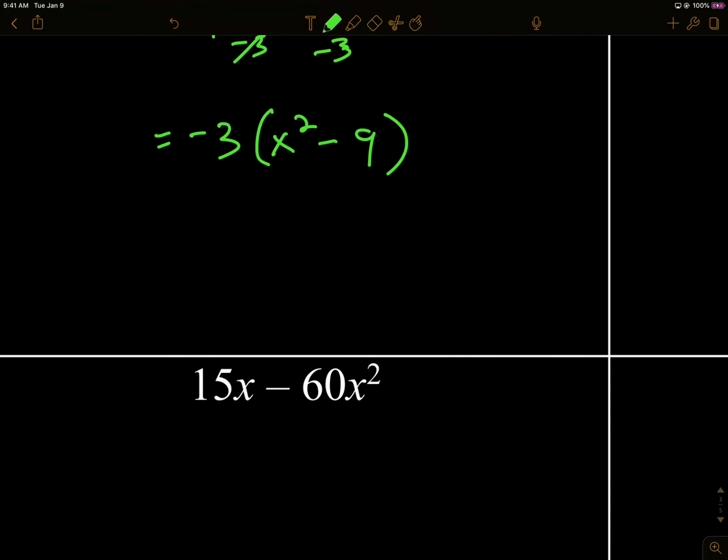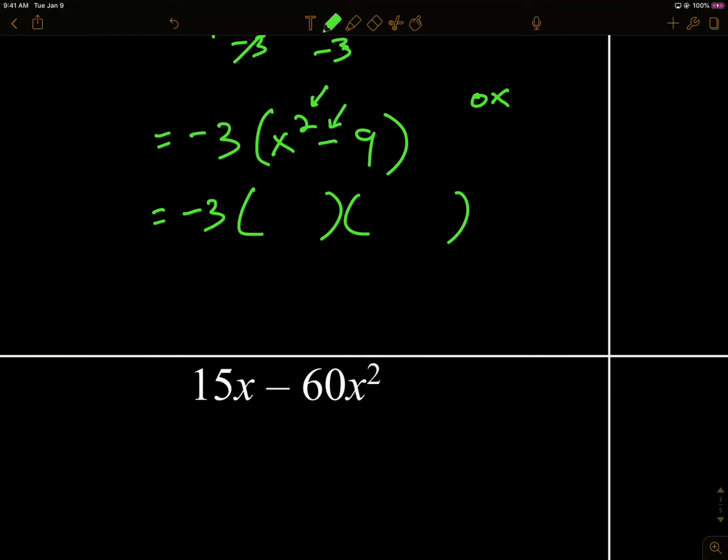So now I still have a squared here in this factor, so I can factor that even further down. So I still have the first factor, negative 3. Now I can take x squared minus 9 and break that into two linear factors. I don't want quadratic factors. I say, hey, wait a second. I see the difference here, the minus sign. There's only two terms. I'm missing the middle term, which means it's 0x. So now it could possibly be a difference of two squares.